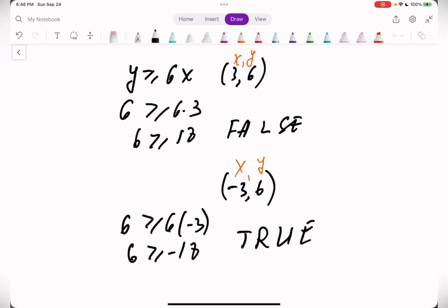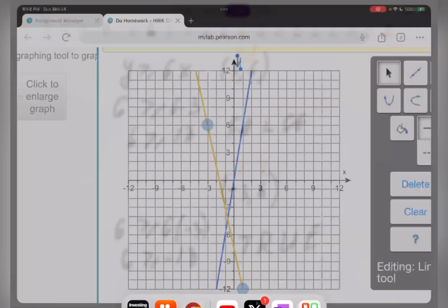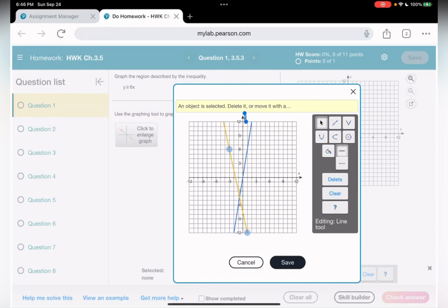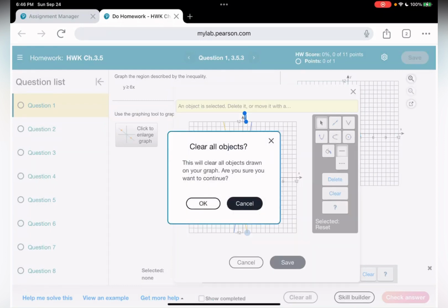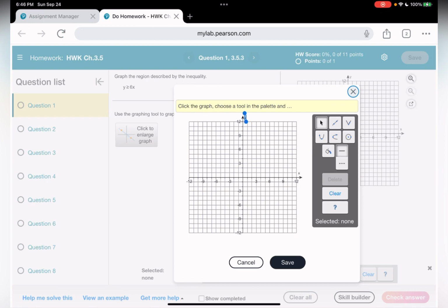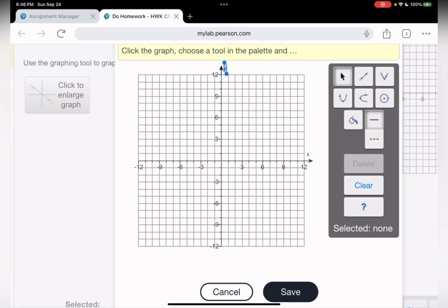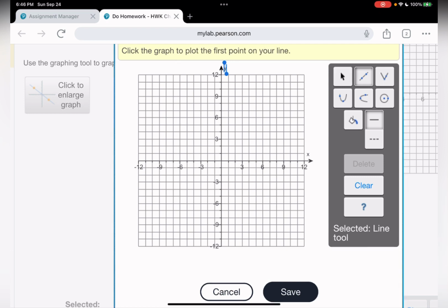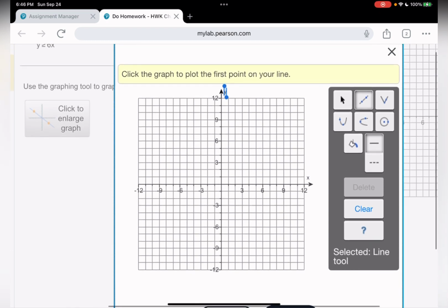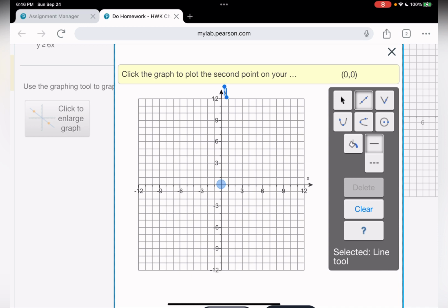Okay, let's plug in. Meaning, I'm going to clear this. I cleaned everything. I told you to use delete and I used clear myself. That's all right. I can build it again. 0, 0, and then 1 and 6.